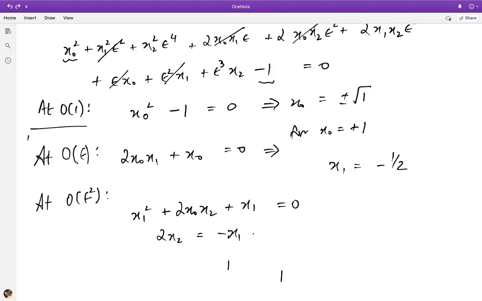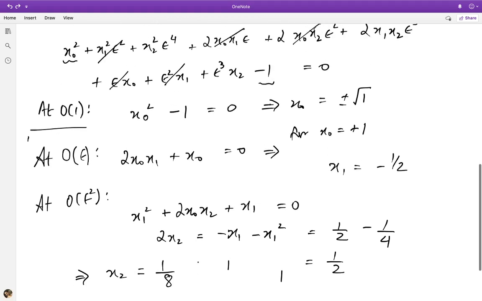Let's write this out properly. Minus x1 squared, so this must be plus half minus 1 by 4, which is basically plus 1 by 4, which implies that x2 is 1 by 8.